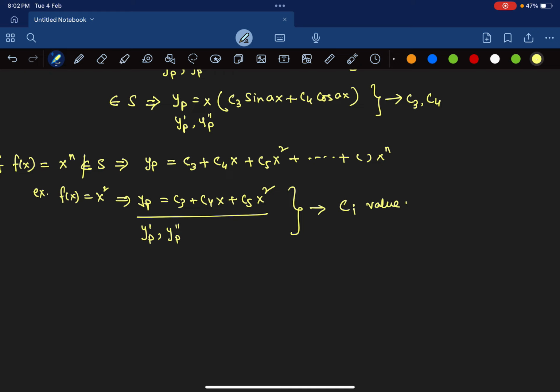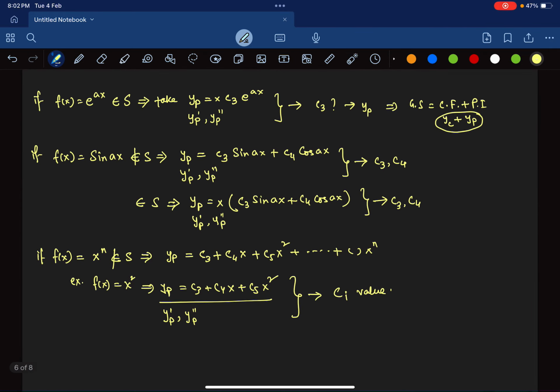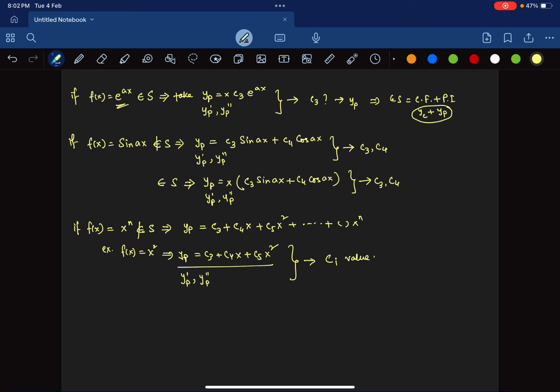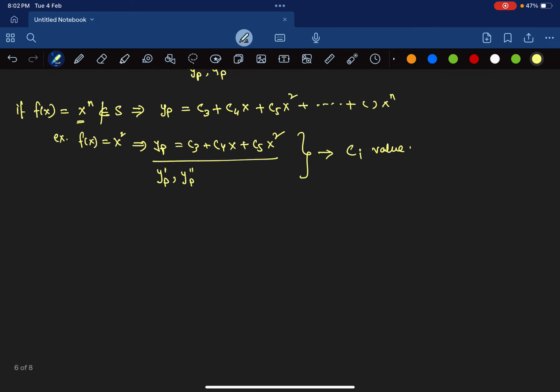Now let's take a few questions so that things get more clear. There is a possibility that e^(ax) or sin(ax) or a combination of these functions is possible. Suppose f(x) is cos x, then the same treatment is there. Nothing special. Combinations are also possible, so we'll encounter a few questions now.